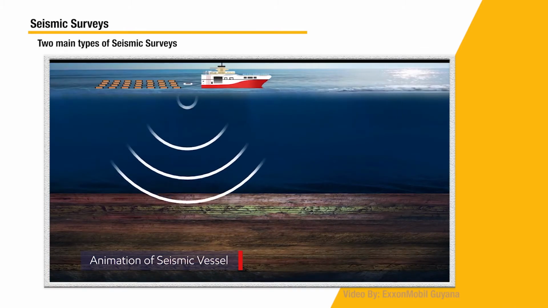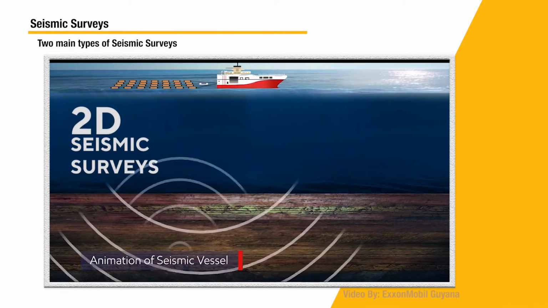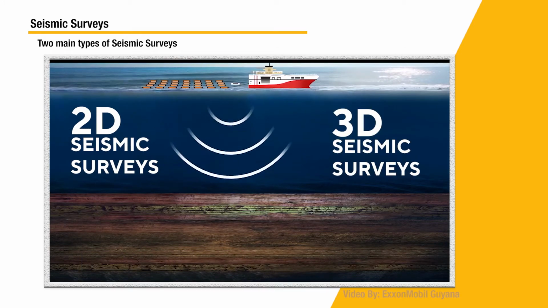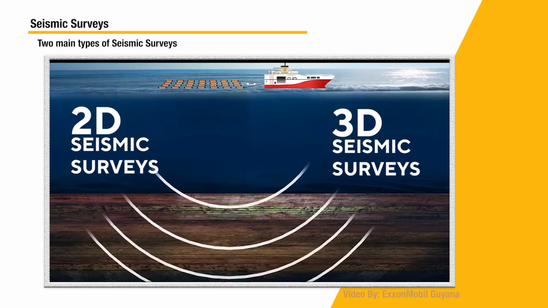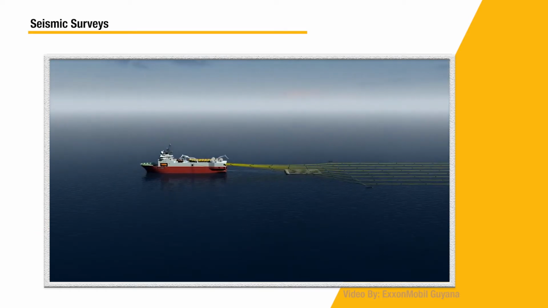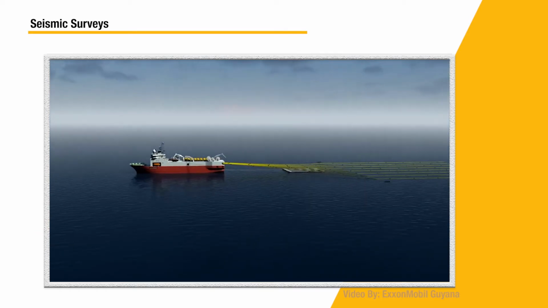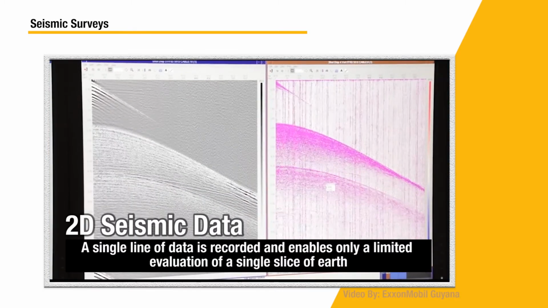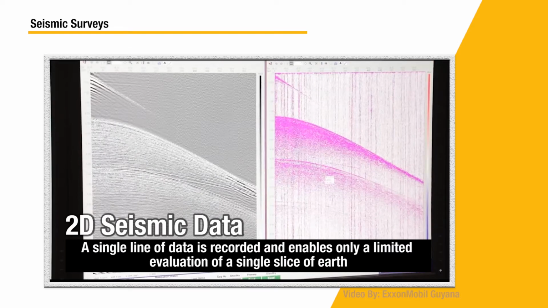The two main types of seismic surveys are two-dimensional images or 2D and three-dimensional images or 3D. The more advanced surveys give more precise information about the location and presence of hydrocarbons. 2D is a single line of data which is recorded and enables only a limited evaluation of a single slice of Earth.